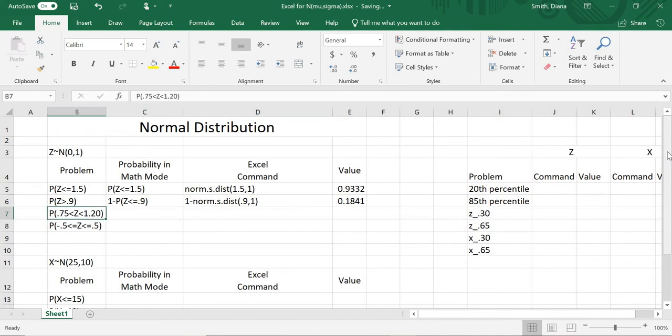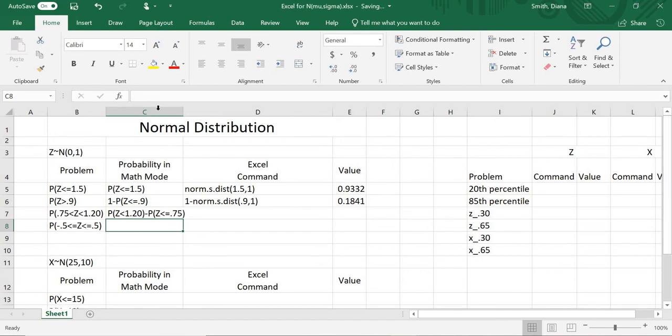If I'm looking at the probability of Z being between two numbers, we've talked about this before. That's going to be a probability minus a probability. It's always going to be the probability of the larger one, which was our 1.2, minus the probability of Z being less than or equal to our smaller number, our 0.75.